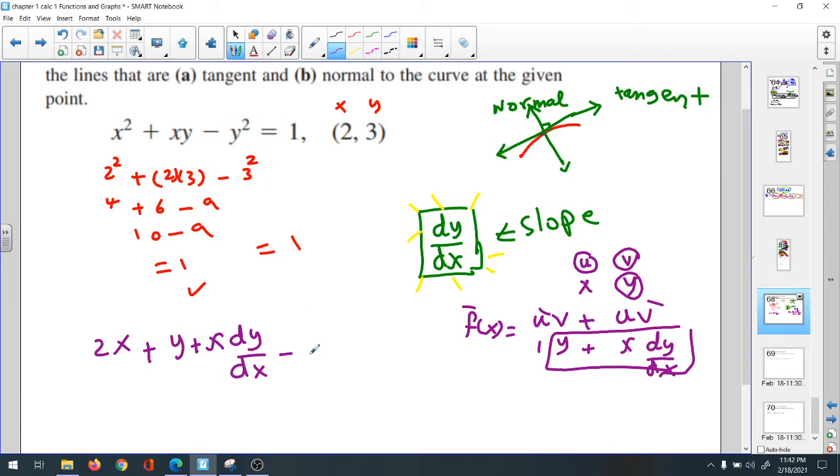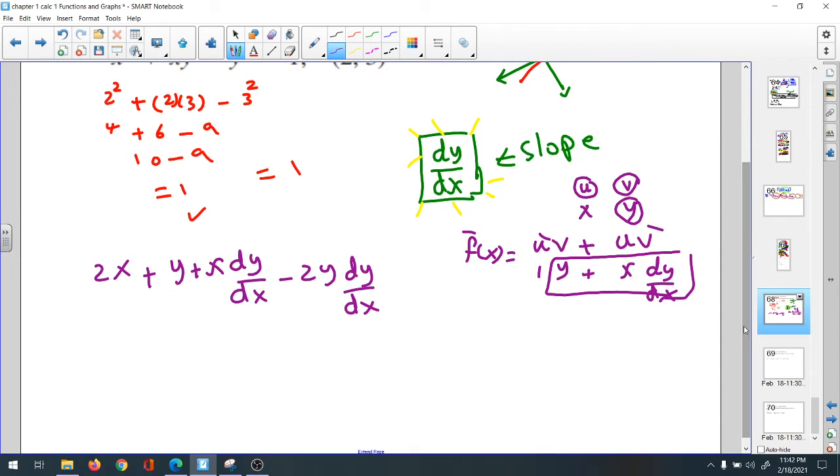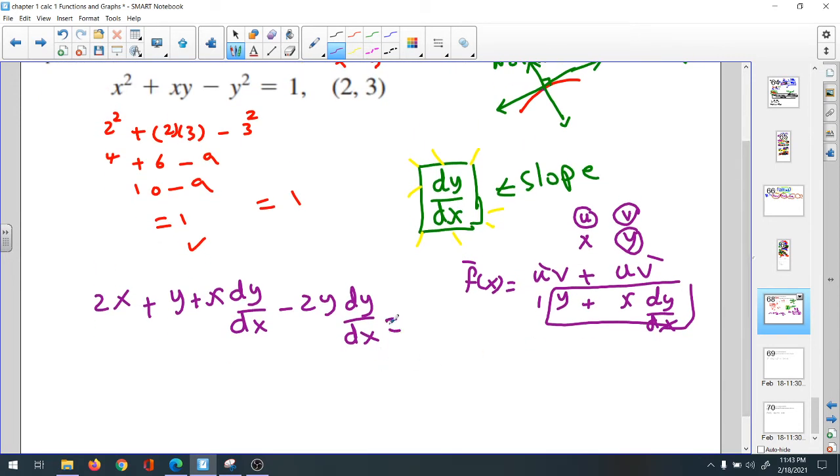The derivative of y squared is like x squared: it's 2y, but since we have the variable y, it will be times dy over dx. That's the derivative implicitly. Equals the derivative of the right side, 1, which is 0.